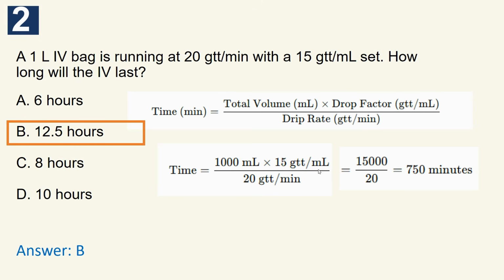If you do that, it comes to 15,000 divided by 20. The gtt cancels, the mL cancels, and you have minutes. So the remaining is 750 minutes. But the answers are not given in minutes, so you have to convert minutes to hours. To convert minutes to hours, just divide by 60. If you divide by 60, you get 12.5 hours. So that's the correct answer.